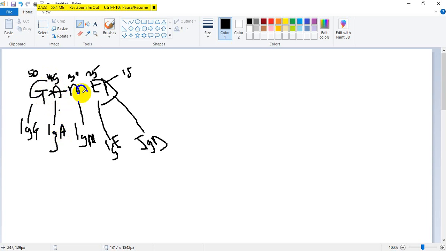Immunoglobulin M is what you produce if you have a new infection, and it is pentameric: 5 immunoglobulins joined together by a joining chain. Immunoglobulin E mediates allergic or hypersensitivity reactions. Immunoglobulin D is the smallest immunoglobulin. Its function is not really known.